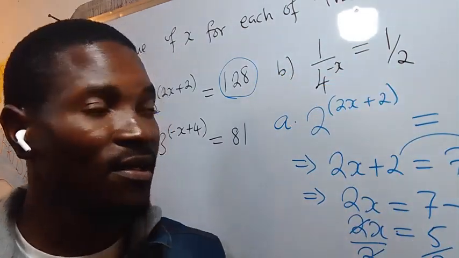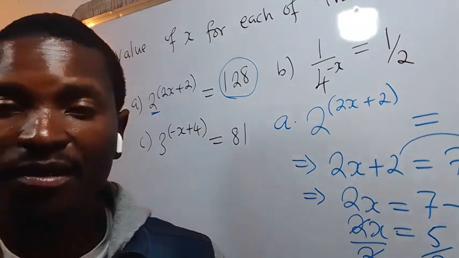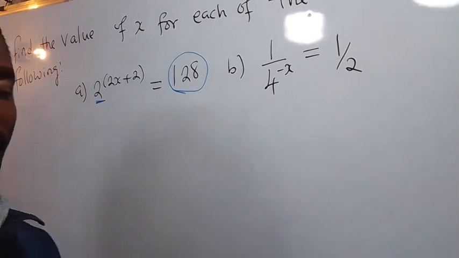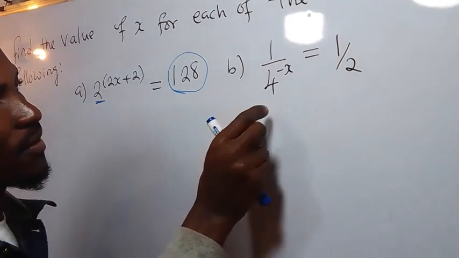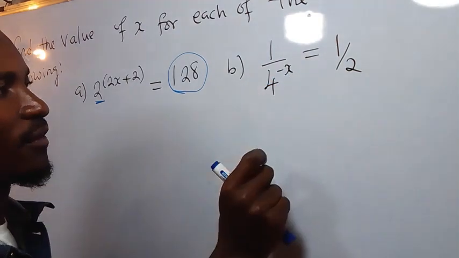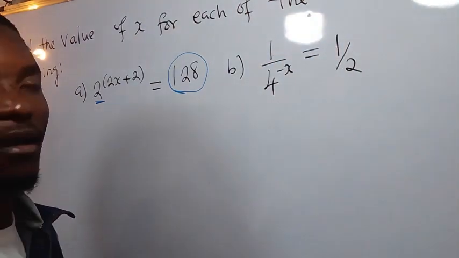Okay, so now let's go to B and see how you can go about answering B. So B says that 1 divided by 4 to the power negative x equals half.